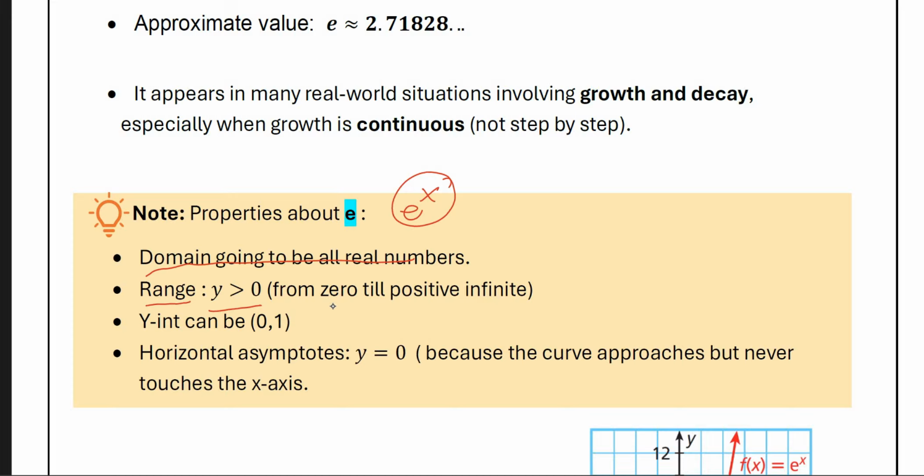This range may change, it is not always y greater than 0. In case you have e power x, then it's y greater than 0, but if you have a plus or minus a number, for example k, then the range can change. Same as the y-intercept also. I will show you by example.